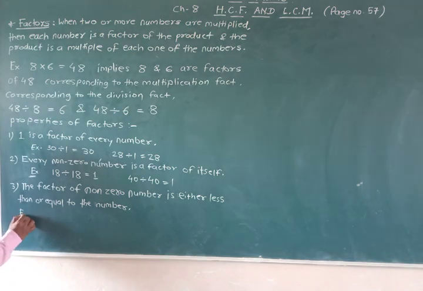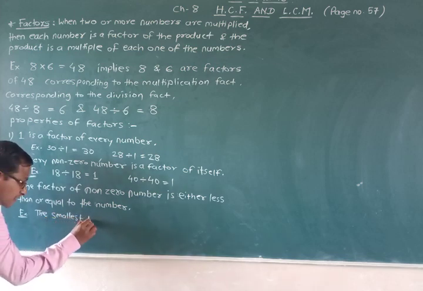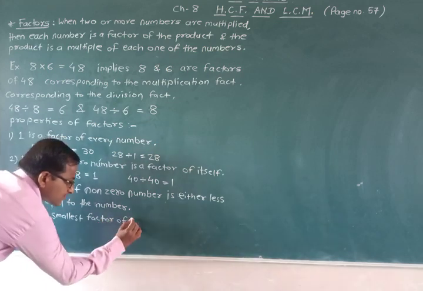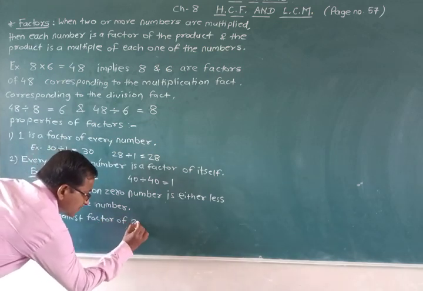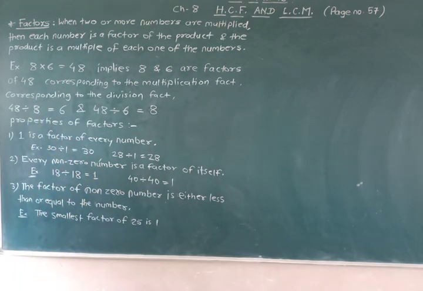Example here, the smallest factor of 25 is 1.